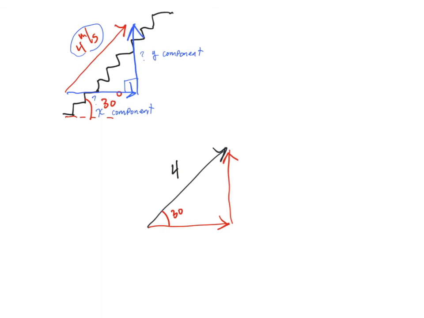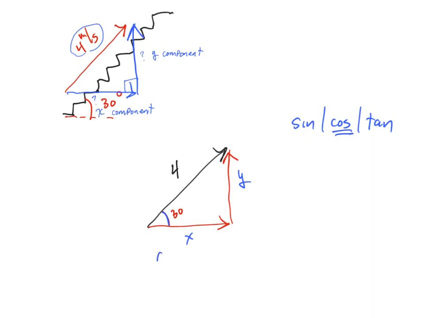So here we go. I'm going to use my sine, cosine, and tangent functions. And first of all, maybe I'll find the x component. So this is the x component, and this is the y component. To find x, I'm looking for the side that's adjacent to the angle, and I know the hypotenuse, so I'm going to use cosine.